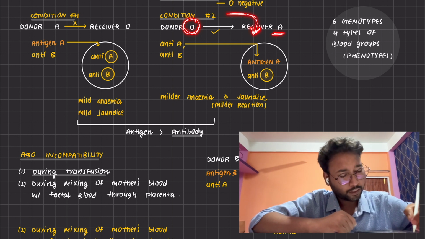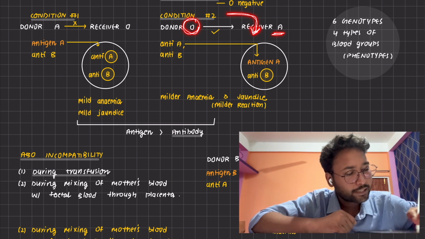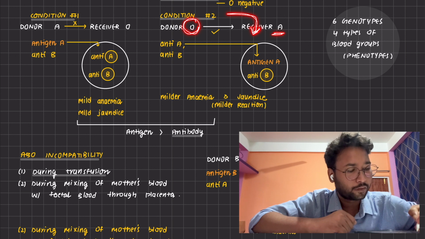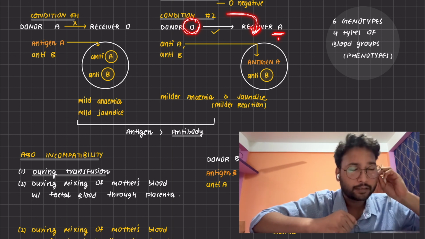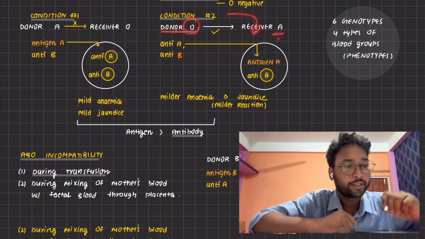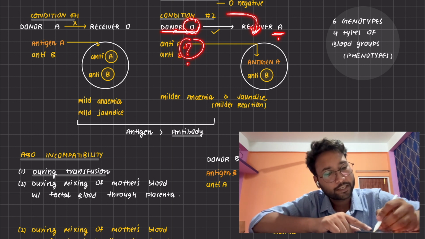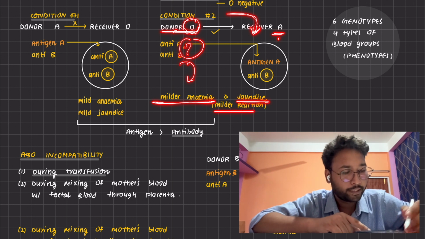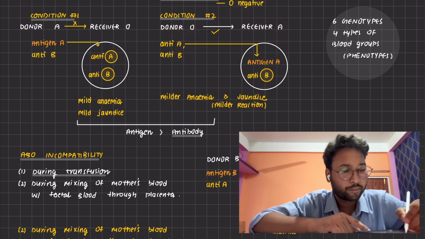Actually, whenever antigen transfuses or goes to the bloodstream, it causes a major problem as compared to antibody. As we have seen in condition 1, the antigen came to the receiver's body and that caused mild anemia and jaundice.